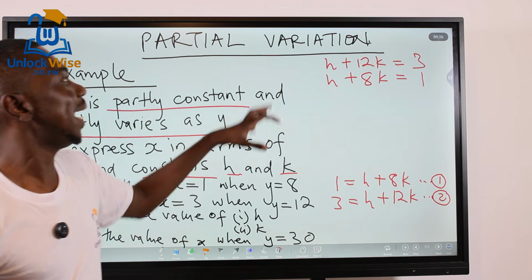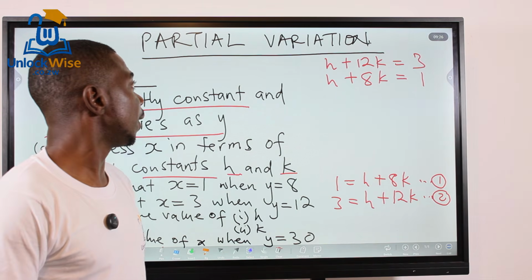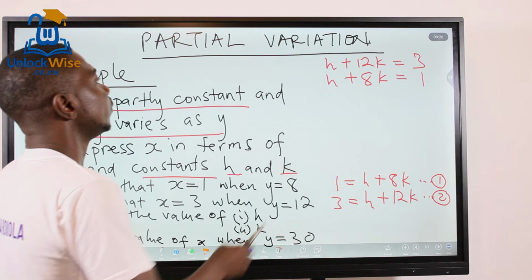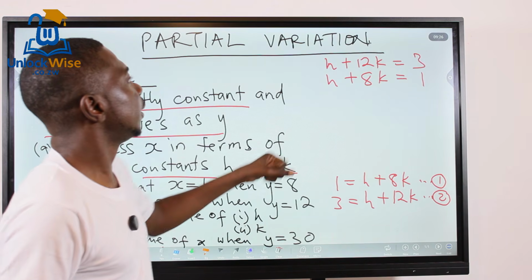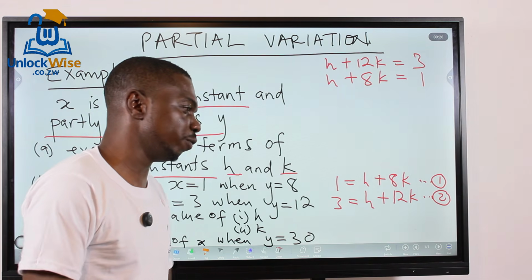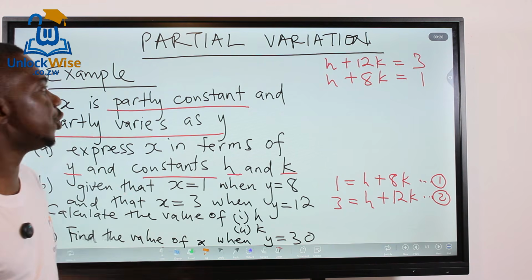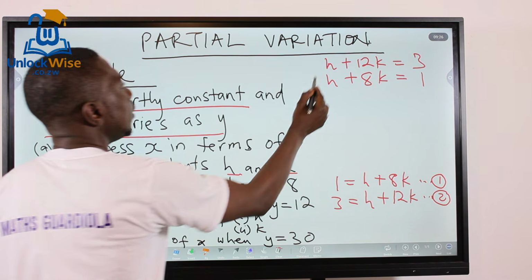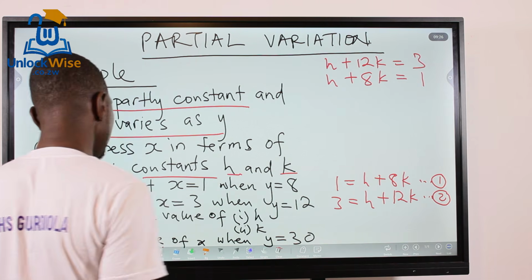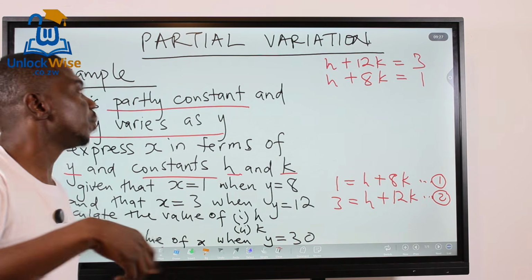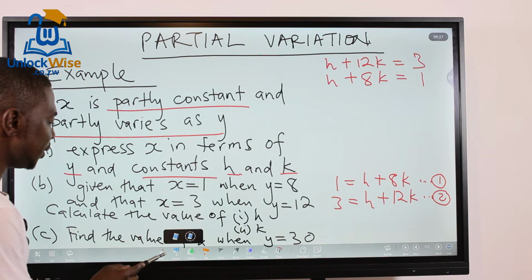I am going to use the method of elimination, and if you can see, we have h here and h here, and the coefficients are 1, so the coefficient is the same and I can eliminate h. If you have the same letter and the same coefficient, both positive in this case, you can simply subtract.